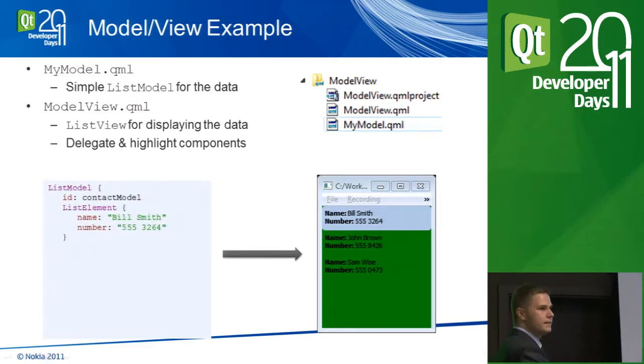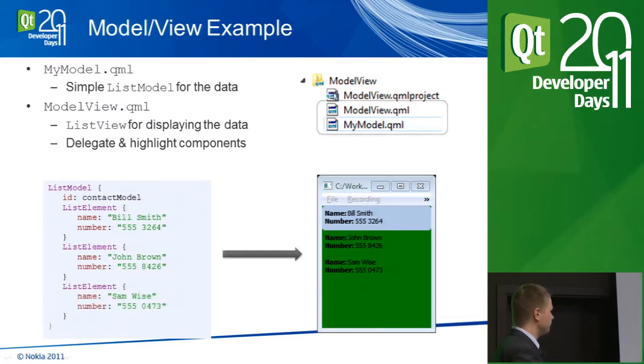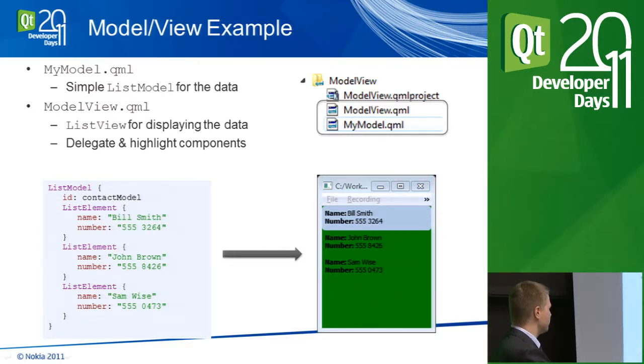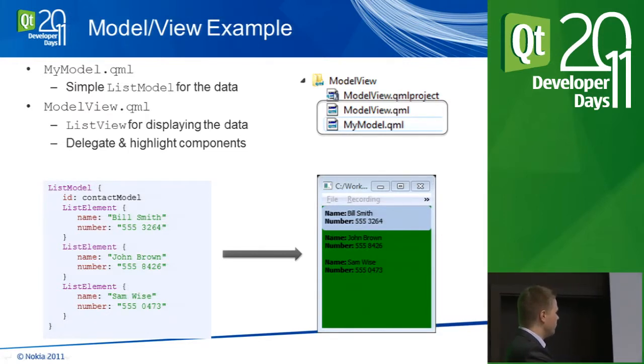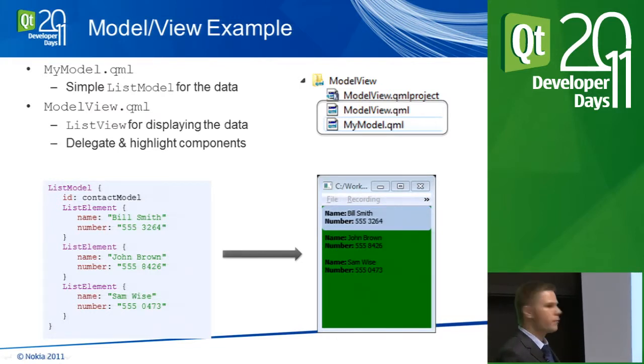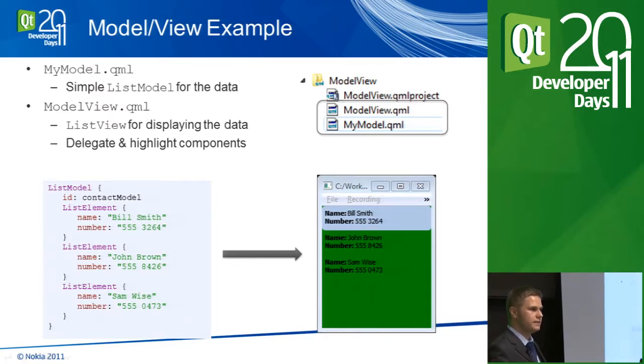So let's create our model. This is the model.qml. We have a number of list elements in here for Bill Smith, John Brown, and Sam Wise. As you see, the list element is very similar to what we saw in the previous example, but the properties have changed.